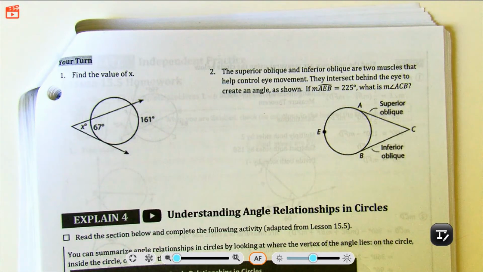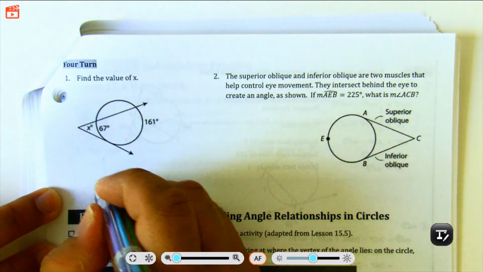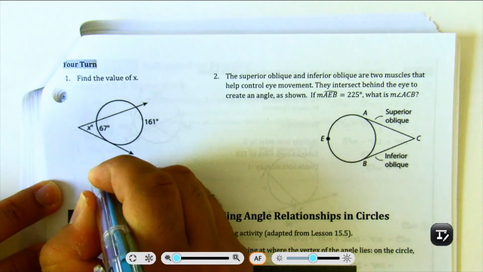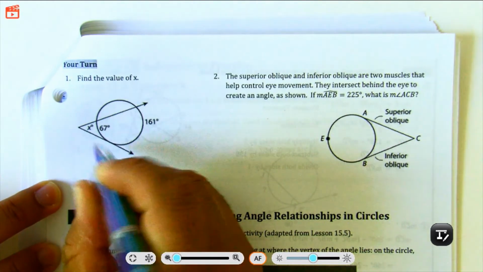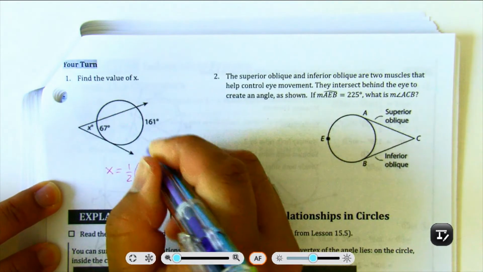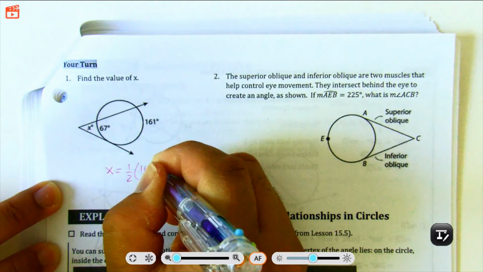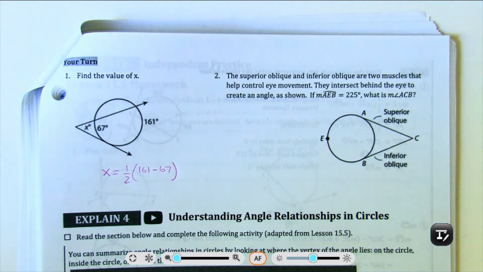So the setup for number 1 is x, the angle, is equal to 1/2 of the major arc, 161, minus the minor arc, 67. 161 minus 67, I want to say is 94.